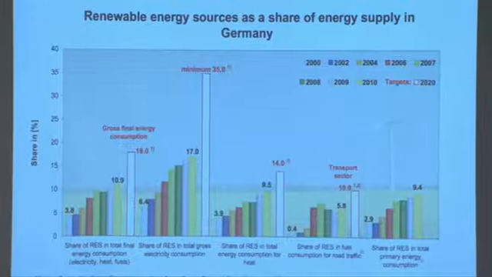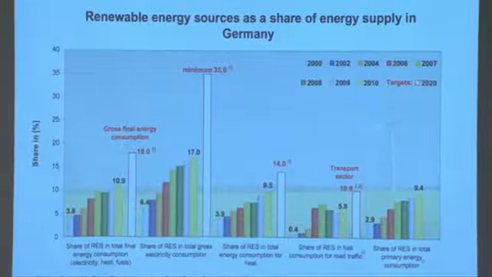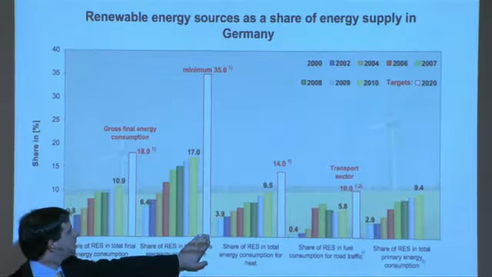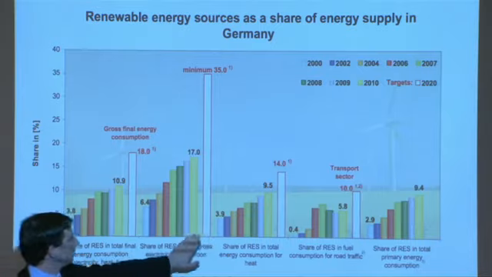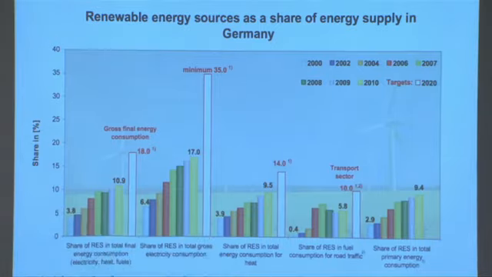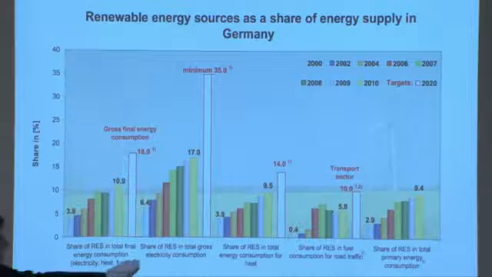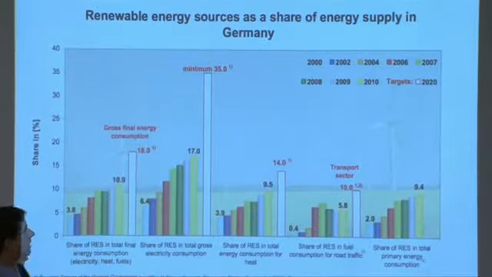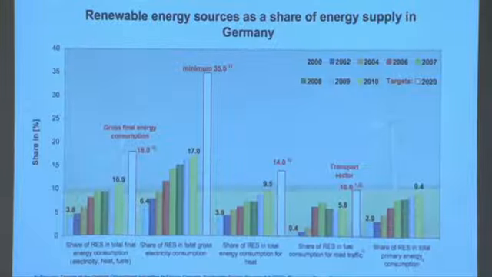So the renewable energy resources, if you will, as a share of the total energy supply in Germany, the goal by 2020 is this white bar right here. And if we look at the share of renewable sources in total gross electricity consumption, you can see that it's getting there, right? 17% versus a minimum of 35.